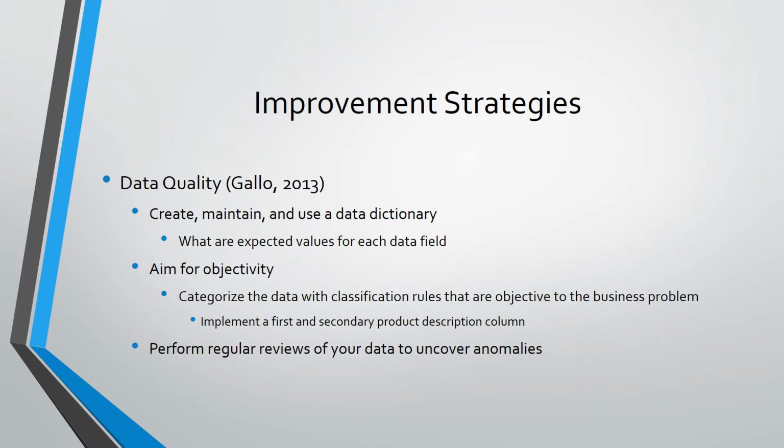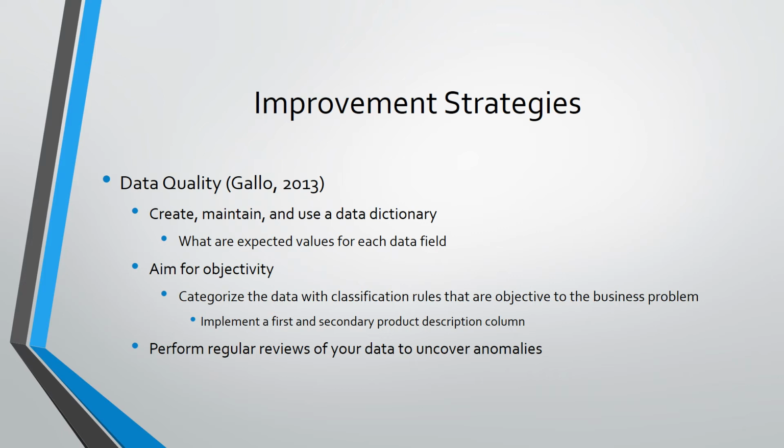Using a data dictionary is basically determining what expected values for each data field should represent. Relating back to our FDA dataset, this would be ensuring that all the values within a specific data field are standardized.